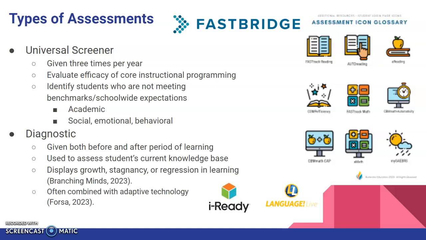That's to evaluate the efficiency of our core instructional programming and really to help identify students who are not meeting benchmarks or those expectations on the academic side. We also utilize the SAEBRS screener within our district, which is more of a social, emotional, and behavioral screener to measure the level of at-riskness that students have with their social, emotional, or behavioral skills.